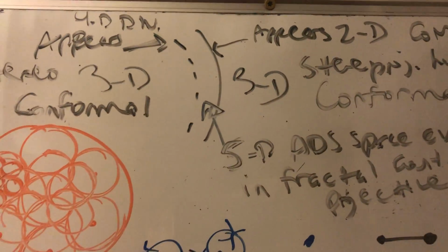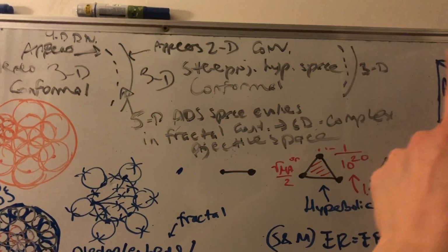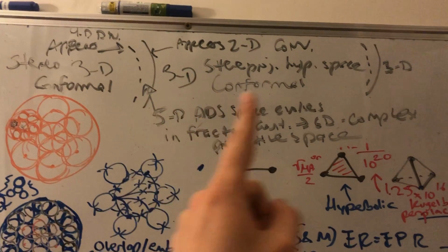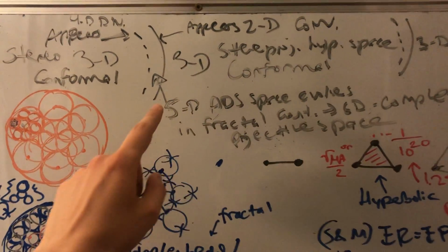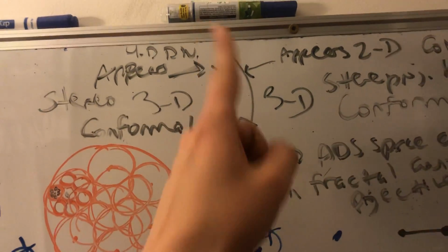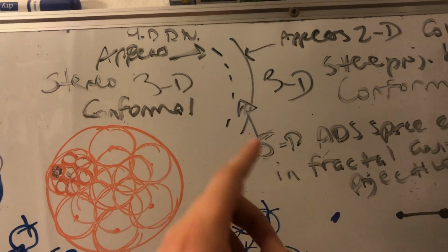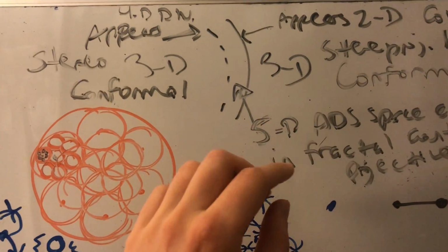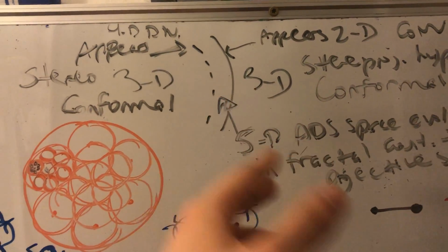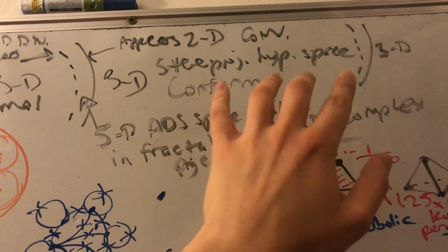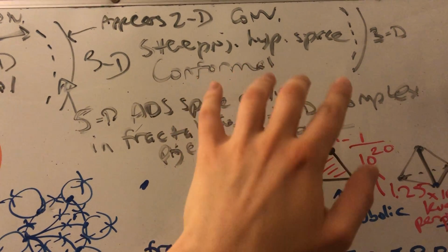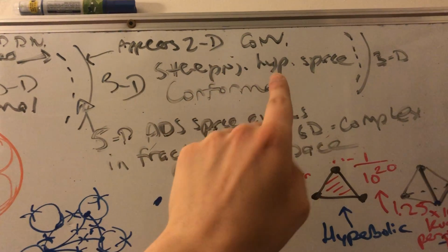So the point is that this entire space is really like a higher six-dimensional projective space, and then the complex space that appears as fractal basins in two dimensions to us, it's actually representing a higher five-dimensional AdS space. So stereographic projective relativistic space will always appear hyperbolic.